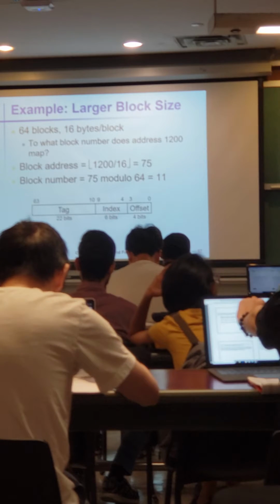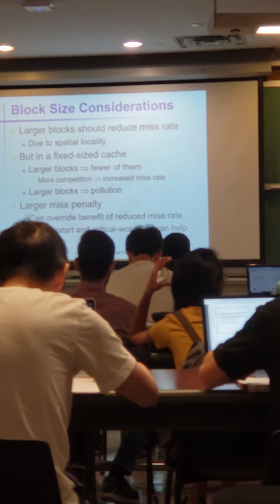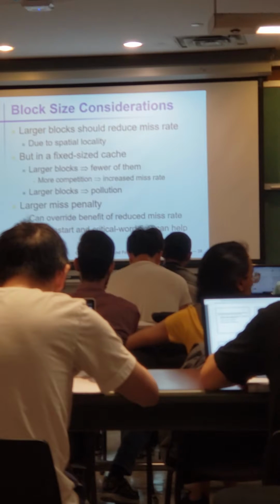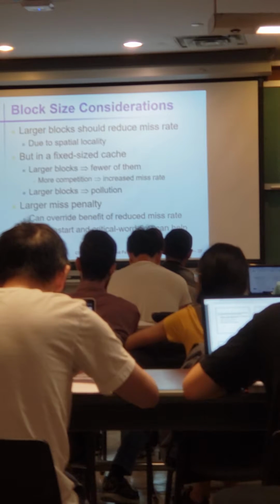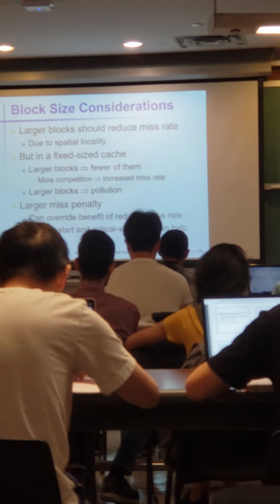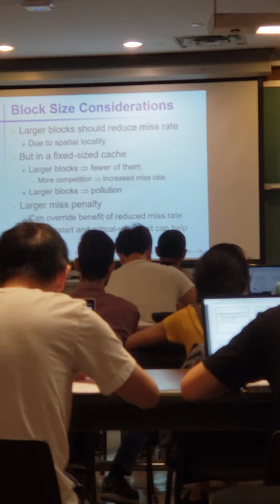Okay, so now you have a choice here: larger blocks or smaller blocks, more entries or fewer entries. There is a constant here that depends on the current state of the technology. Basically, cost is the leading thing, cost and energy.